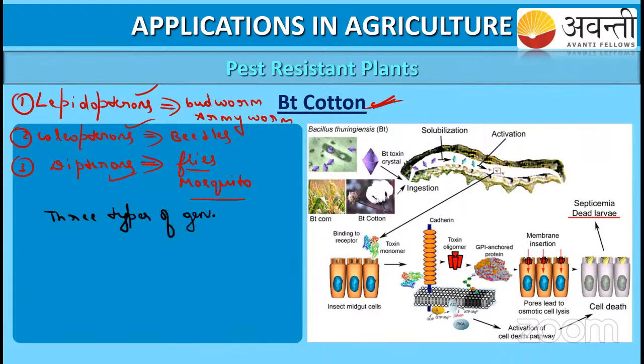Which are these three types? The first one is Cry1AC, and the Cry2AB. Can you tell me another? Cry1AB.